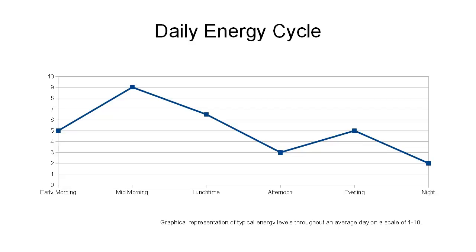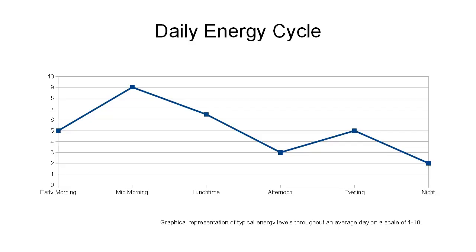And as you can see, if you follow the chart from left to right, in early morning, you wake up with your energy levels about the middle of the range. They peak in mid-morning, so your energy levels rise as you wake up. Then they start to taper off as you get towards lunchtime.